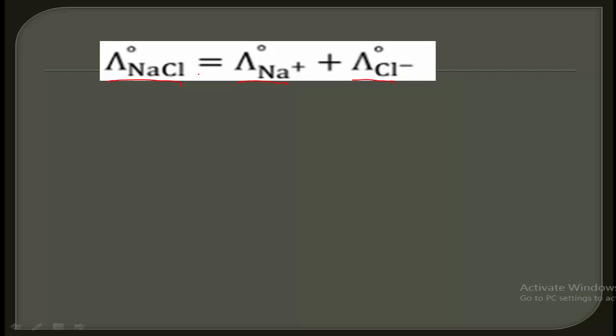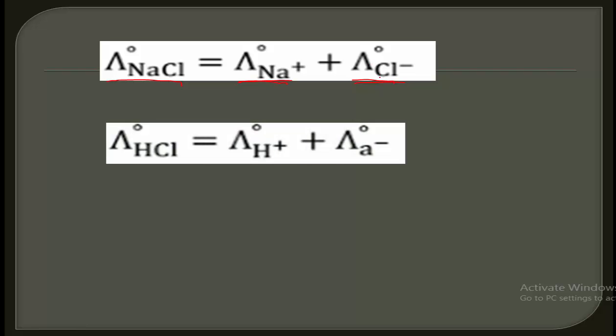That means the limiting molar conductivity of NaCl is equal to the sum of the limiting molar conductivities of cation and anion, lambda naught Na plus and lambda naught Cl minus.